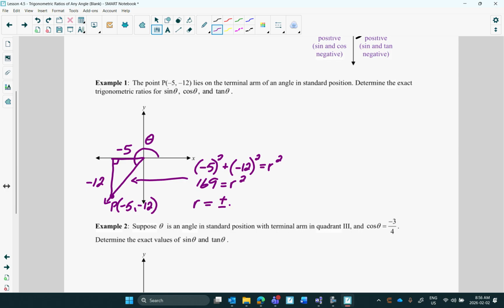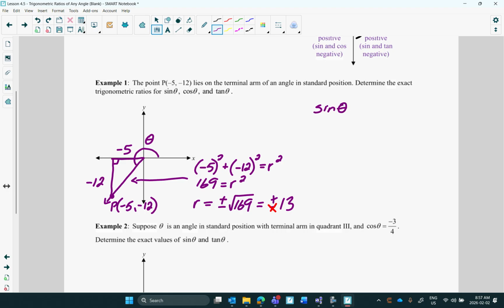It's plus or minus the square root of 169, which is plus or minus 13. Is it positive or negative in this case? It's positive because the hypotenuse is always positive. So we can cross out the negative. It's going to be positive 13. So we've got our three sides. Adjacent is -5, opposite is -12, and hypotenuse is positive 13, which means I can find these trig ratios.